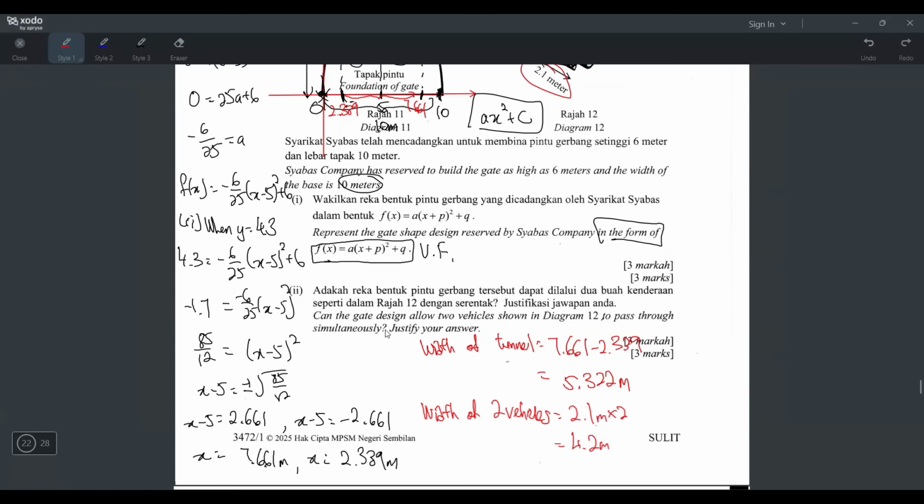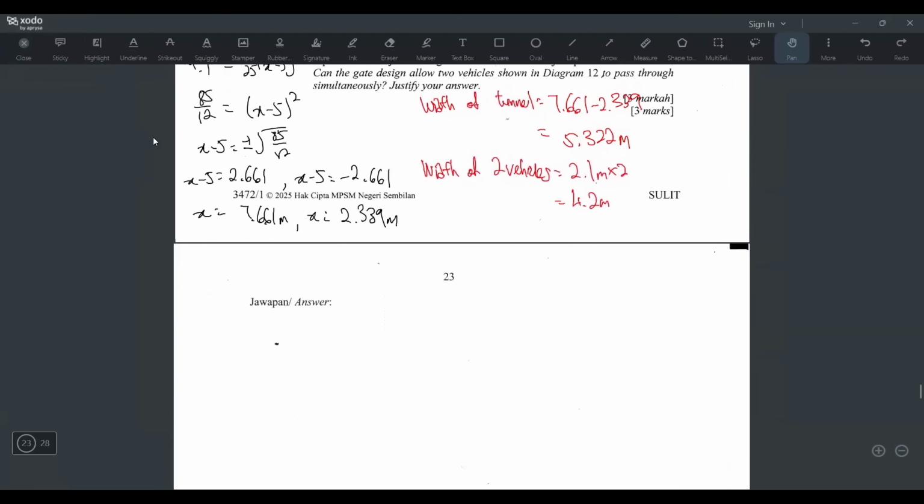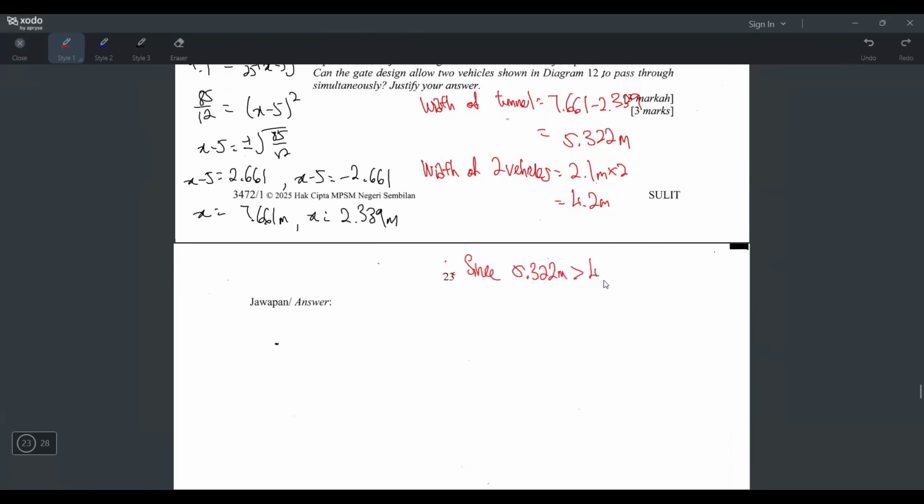Okay, the soalan asked me, can the gate allow two vehicles to pass through? Justify your answer. So we have to write a sentence as a response to the question. So we have to write since 5.322, which is the width of tunnel, is wider than the vehicle. Therefore, the two vehicles, and then you can just follow how they write it here.